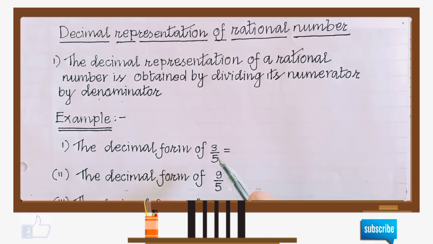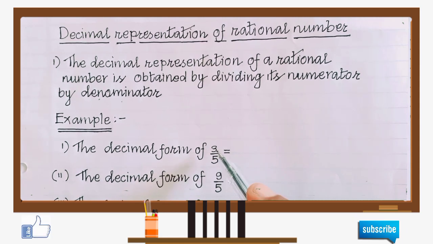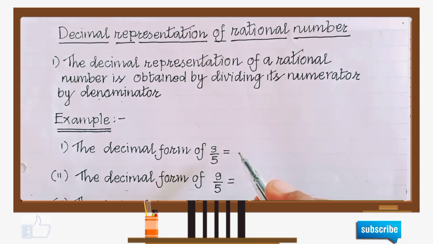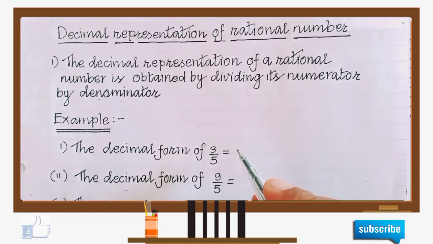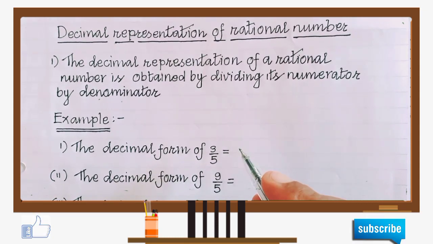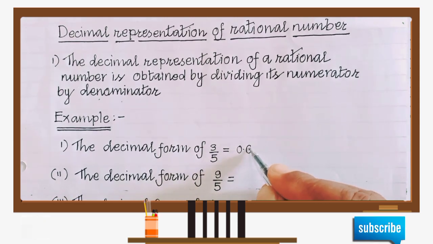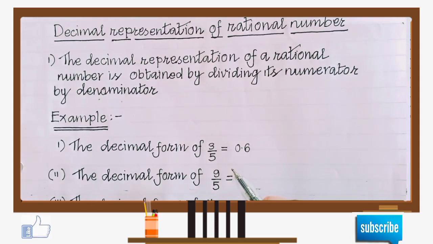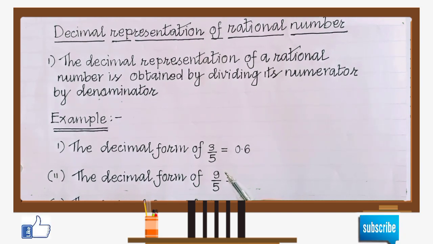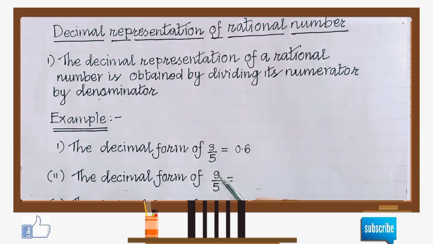Then at that time here we get an answer that is nothing but 0.6. You divide it, you will find that there is no remainder. वहाँ कोई भी रिमाइंडर जो है ये क्या बचता नहीं है. No remainder is there, means remainder is 0.